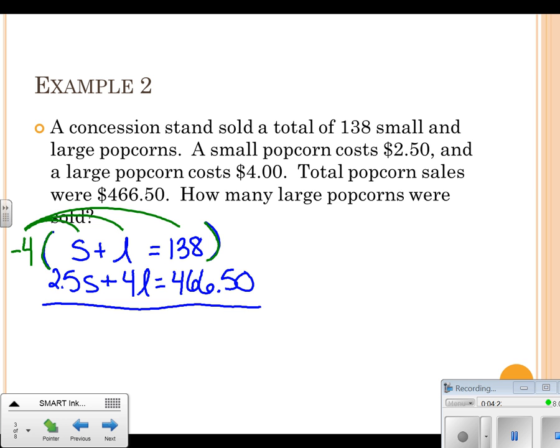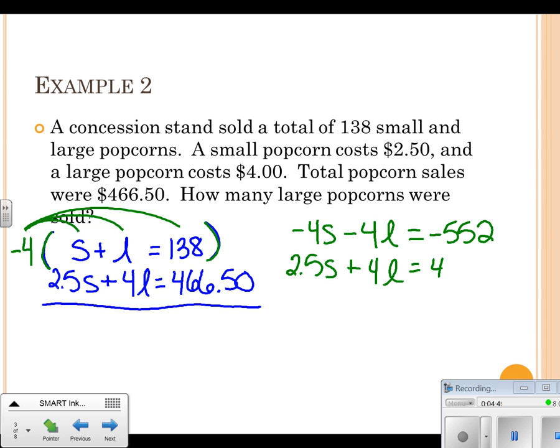The reason why I'm doing this is because when I distribute that negative 4 through, I get negative 4s minus 4l, which equals negative 4 times 138, which gives me negative 552. And the bottom equation, I didn't do anything to, so that one stays the same. It was 2.5s plus 4l equals $466.50.